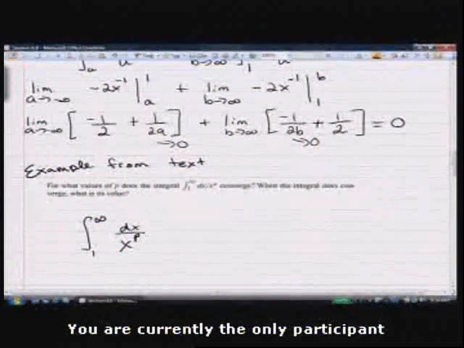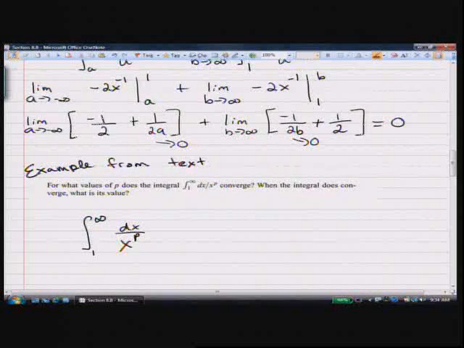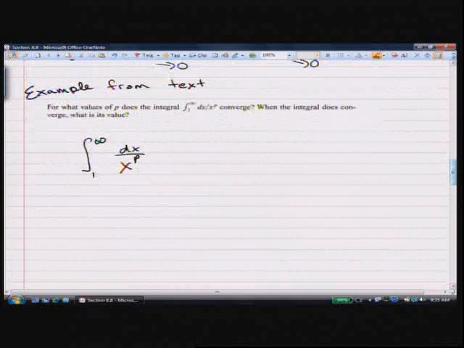And so what we want to do then is begin by assuming that p is not 1. Because when p is 1, you get ln x, and so that integral is kind of different. But let's just consider all the values, either positive or negative values of p.